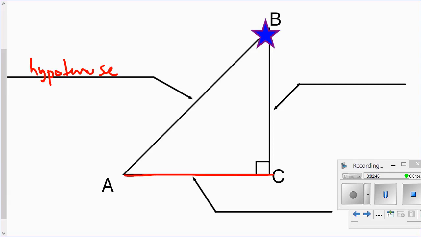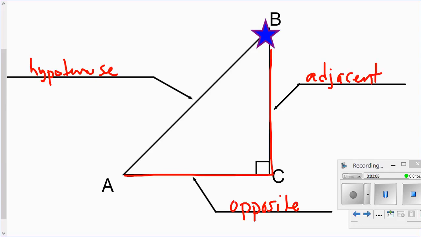So that means that AC is opposite from angle B. And lastly, the only one we have left is the adjacent, but let's look at why it's adjacent to angle B. Line segment BC is right beside angle B, which is adjacent.